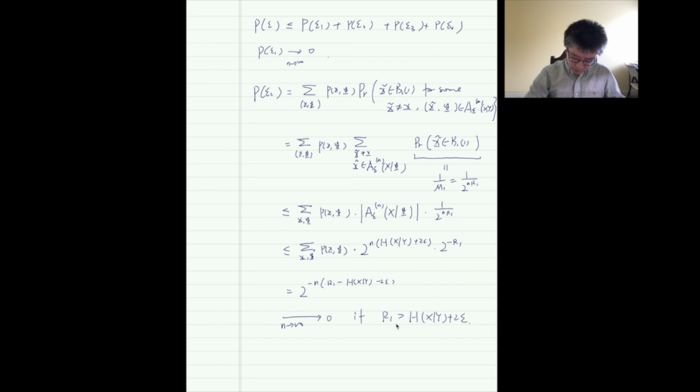Given this, similarly, using exactly the same approach to compute the probability of E3, we get R2 should be bigger than H(Y|X) plus 2 epsilon.